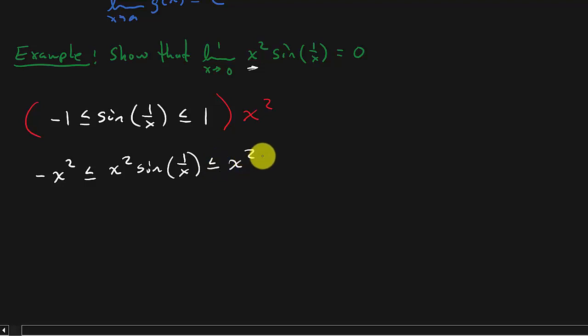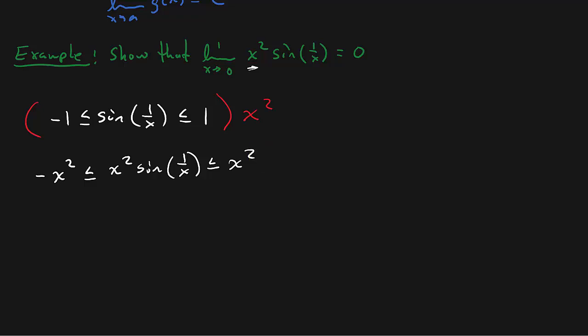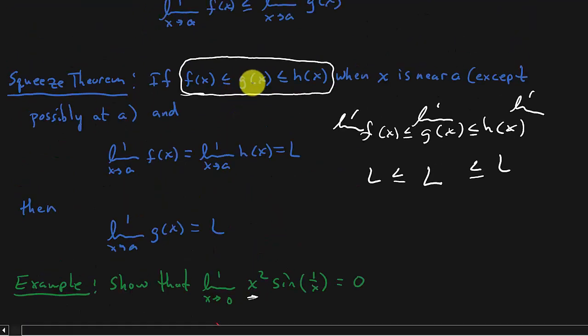All right. So now we're getting somewhere, aren't we? Looking at this, if I can show that the limit of f of x and the limit of h of x as x goes to 0 are the same, then that would be the limit of g of x.